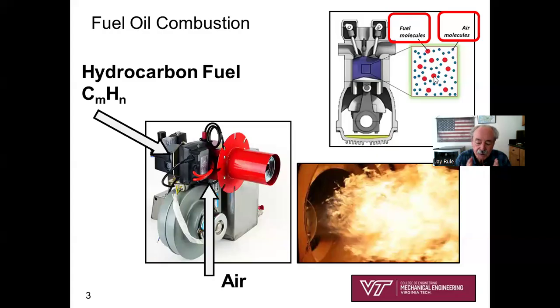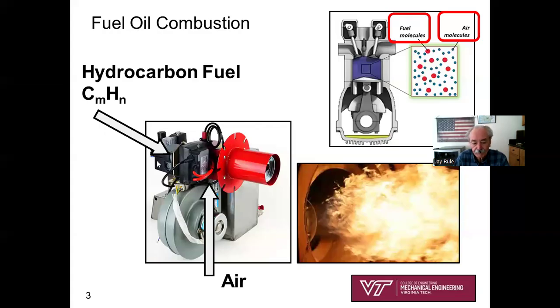Now, in Chapter 13, nearly all of your problems and all of the examples are looking at fuel and air combined in an open system, steady state, steady flow. So I've tried to depict this from a commercially available fuel oil burner that might be used in a household furnace, where here's the fan, and the fan is delivering air up into a mixing chamber.